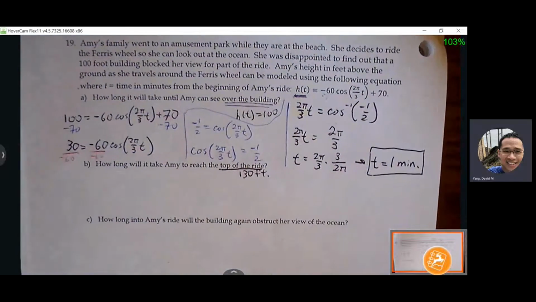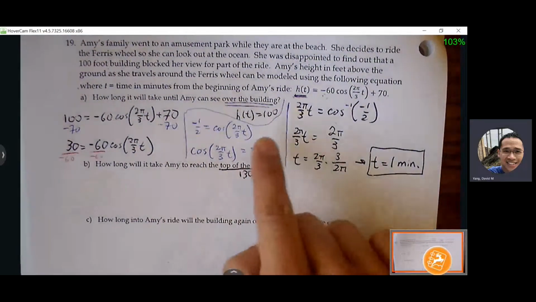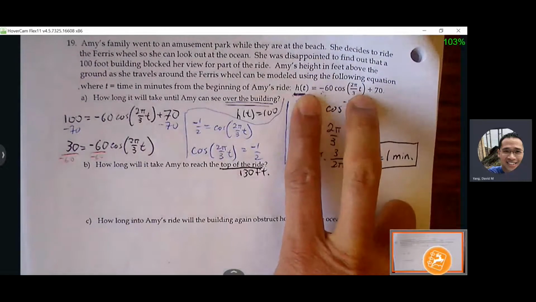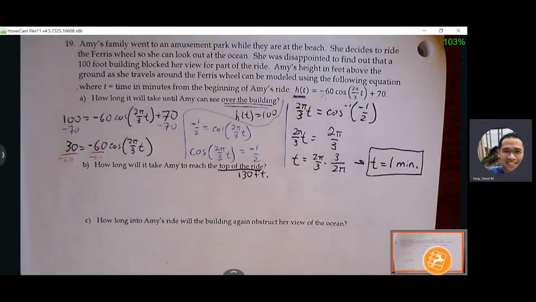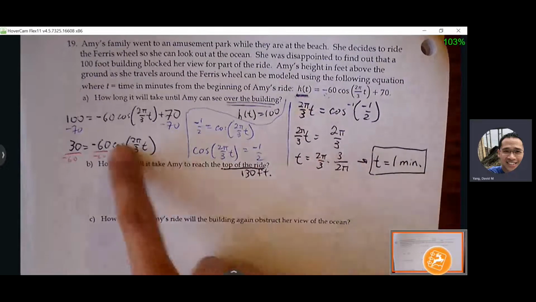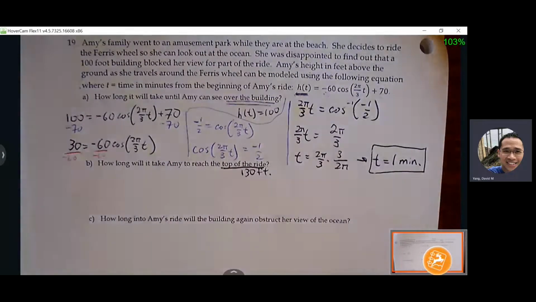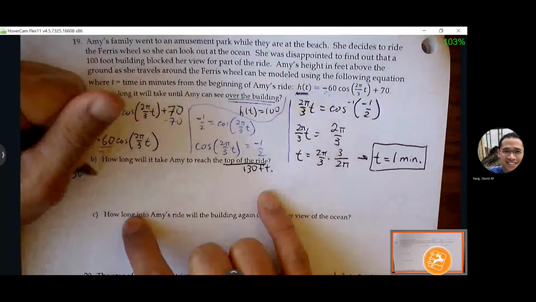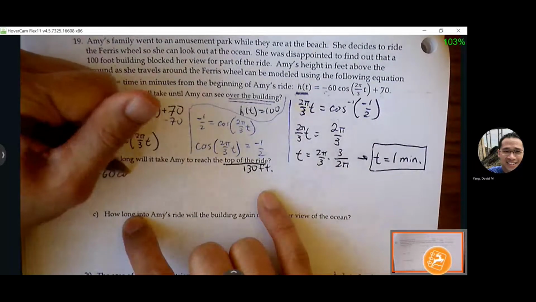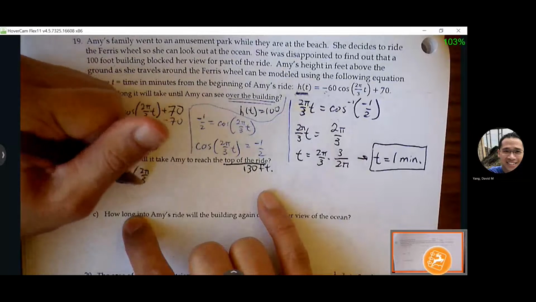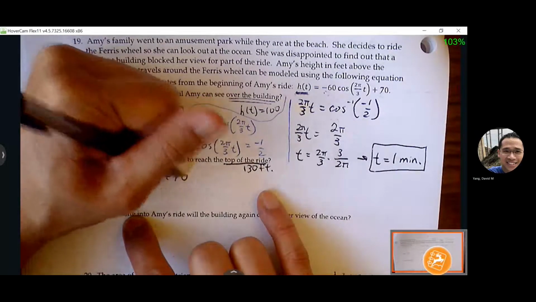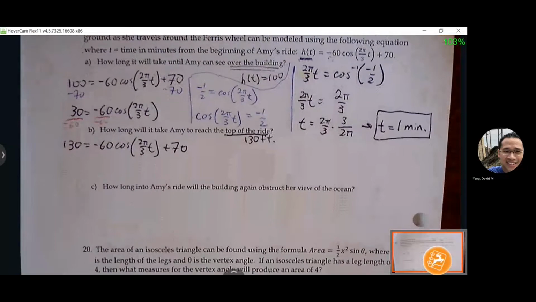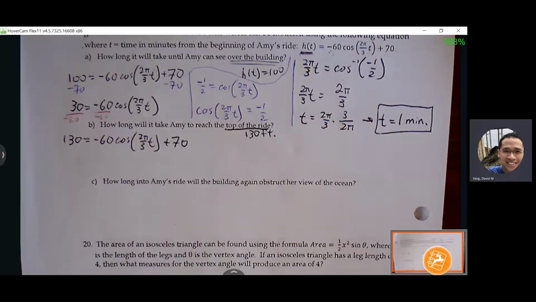Right, so replace h of t with 130. Back to the equation, and now we're just going to solve for t just like before. Subtract 70, divide by negative 60, inverse cosine. Okay, same process, just a different number in place of h of t. Okay, you guys with me?